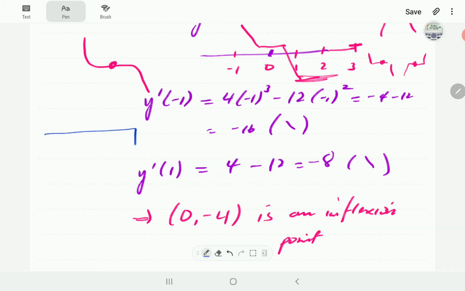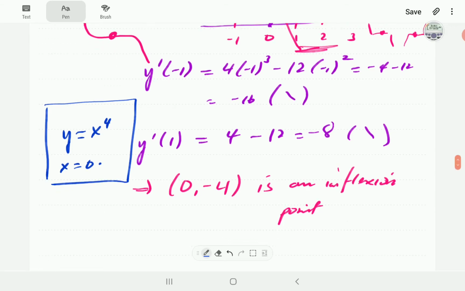Just for the sake of interest, if you analyze this function here, and in particular the point x equals 0, you will find that at this point the second order derivative is 0, but x equals 0 is not an inflection point.